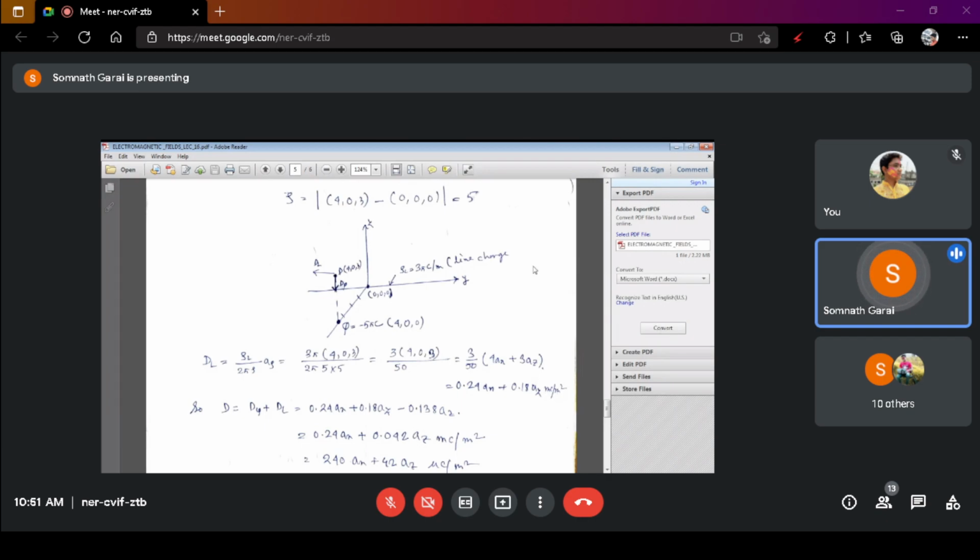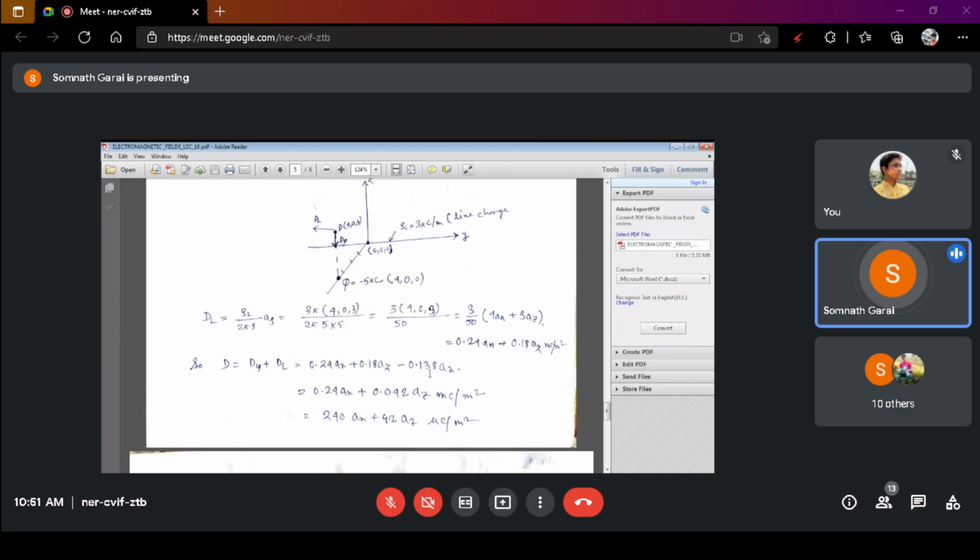Now, if we calculate the total flux density at that point with respect to this point charge and the line charge, we add these values. One is calculated here: 0.24 ax plus 0.18 az minus 0.138 az.